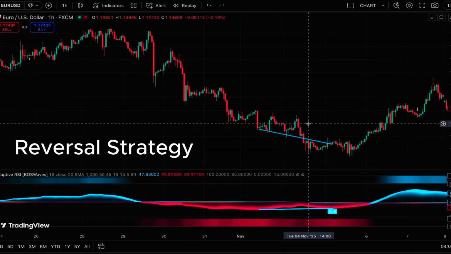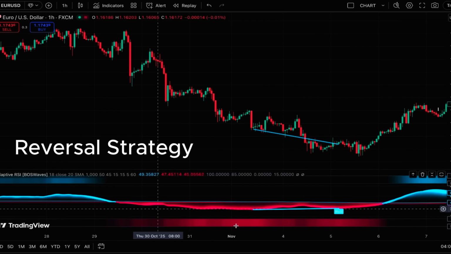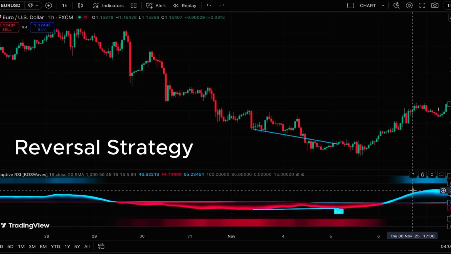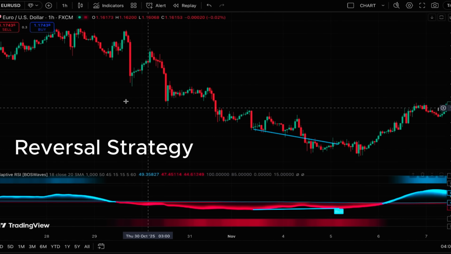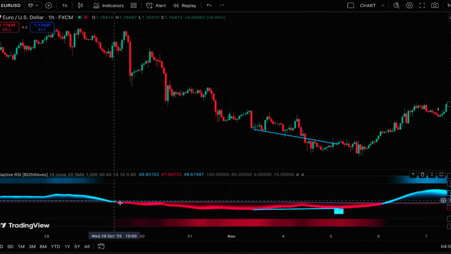A reversal trading strategy based on the crossing of RSI line below the center line or above the center line. So in this trading strategy, we are trying to catch the starting of a new trend in the market. When RSI line crosses below the center line and it becomes red, it's an early signal that probably a downtrend is forming in the market.